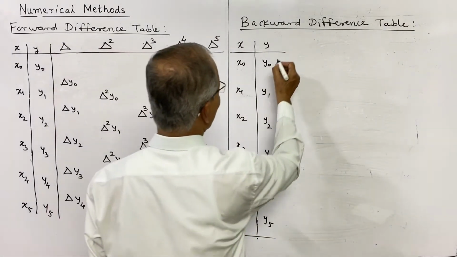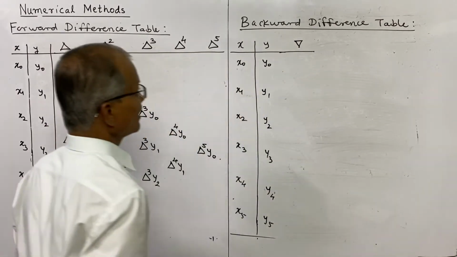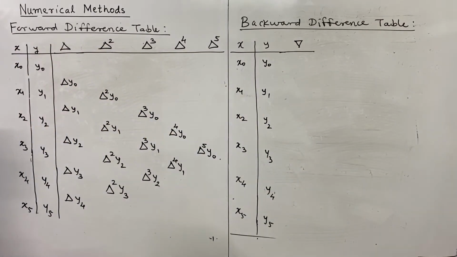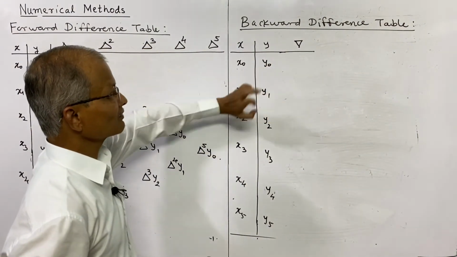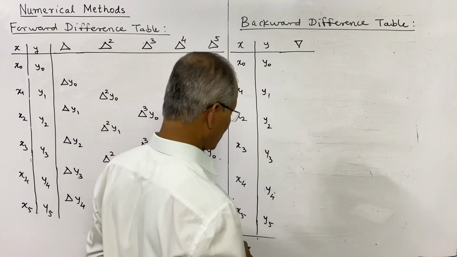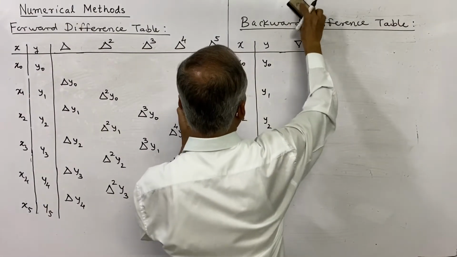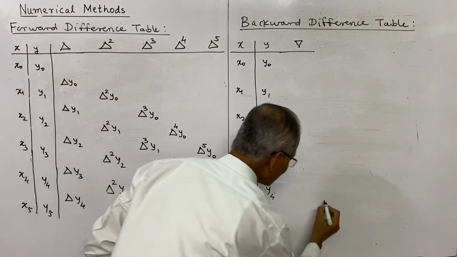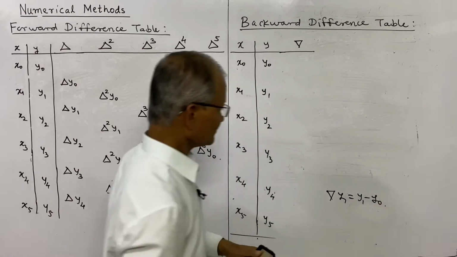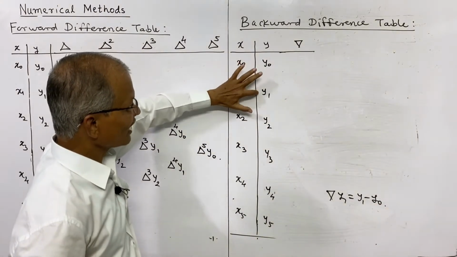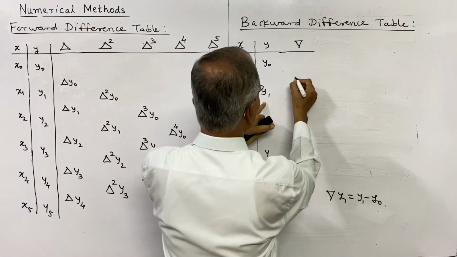Now first we consider the operator del. Del y1 is y1 minus y0, that is the definition. So this difference y1 minus y0 will be del y1.